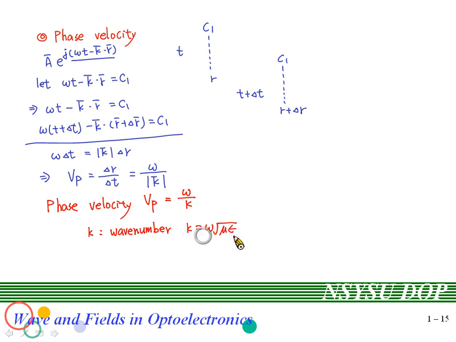Taking this definition into here, you will know that the phase velocity can also be expressed as the inverse of square root of mu epsilon.